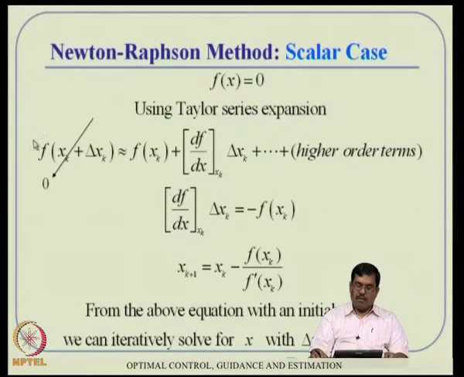So that is your aim. That is how we want to find delta xk. That means this is equal to 0 up to this term. Then I can relate that this particular term is 0, hence df by dx evaluated at xk times delta xk is nothing but minus f of xk, and assuming that this is f dash of x, remember, evaluated at xk, and that it is non-zero, I can do that.